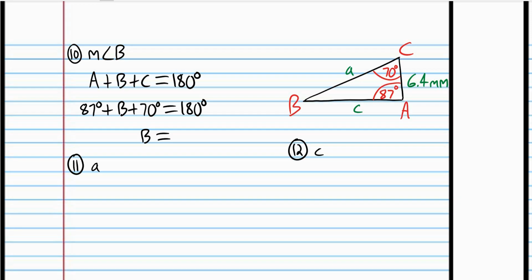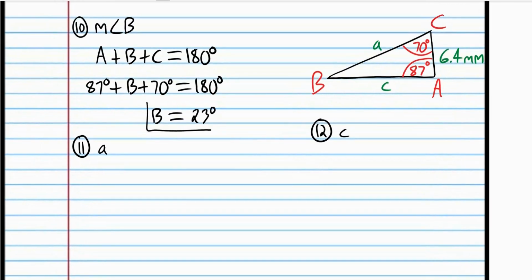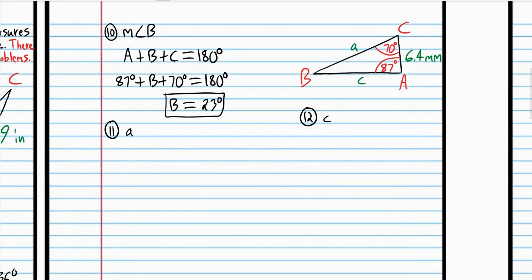So we get 23 degrees for B, and that's problem number 10.